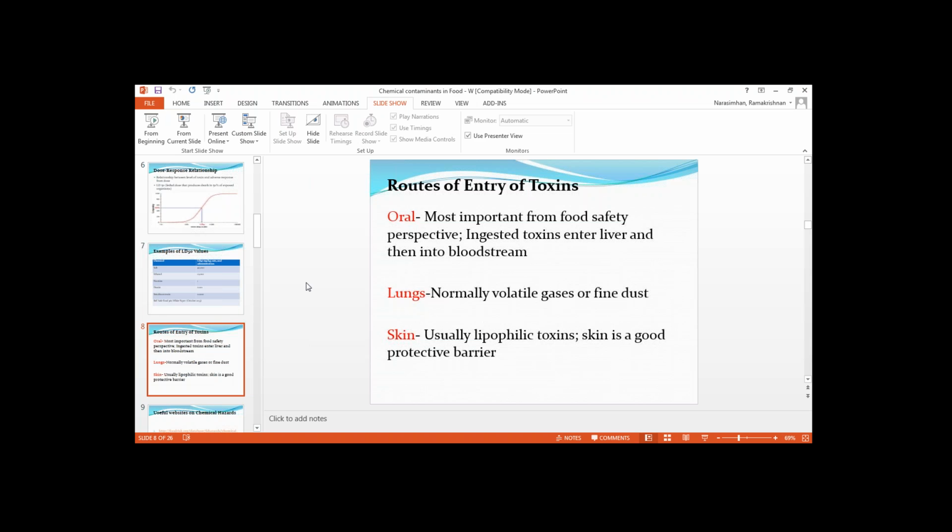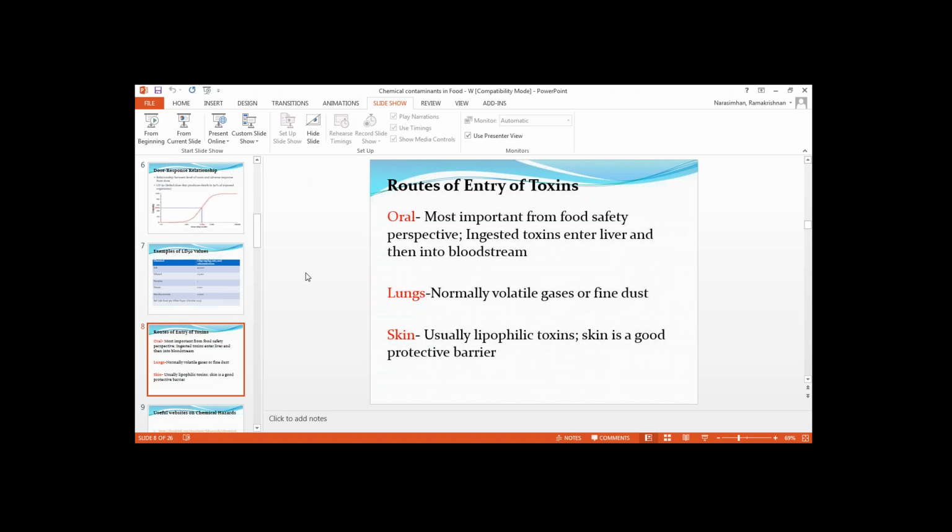So toxins that are absorbed are first transported to the liver, from where they are transported to the other parts of the body through the bloodstream. Many times these chemicals get altered by the liver, and there is also a possibility that these chemicals may get detoxified.